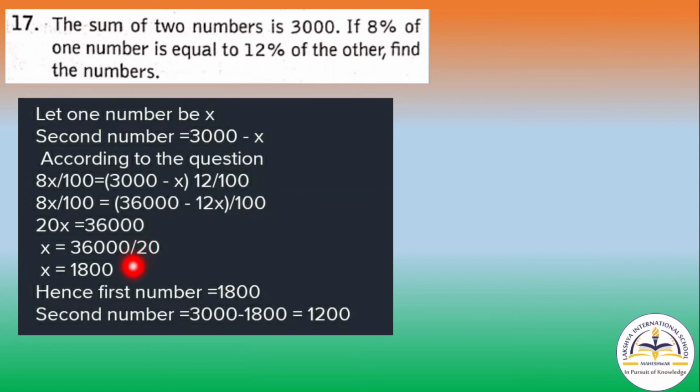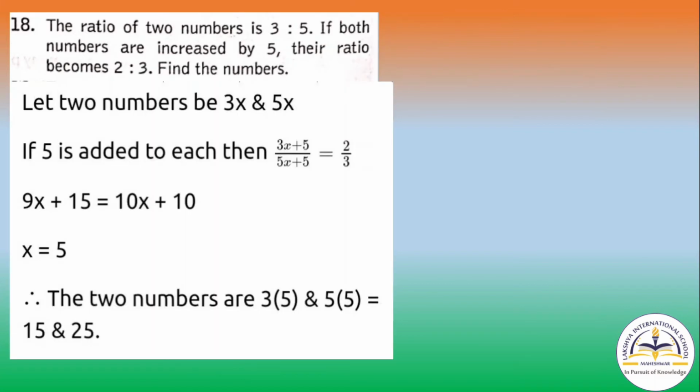Now when you solve this, you can easily find the value of x, that is 1800. This will be the first number, and the second number we considered is 3000 minus x. So 3000 minus 1800, when you subtract, you get 1200 as the second number.